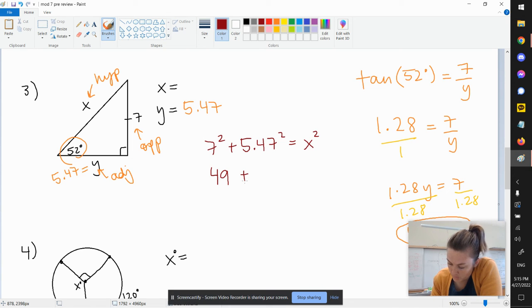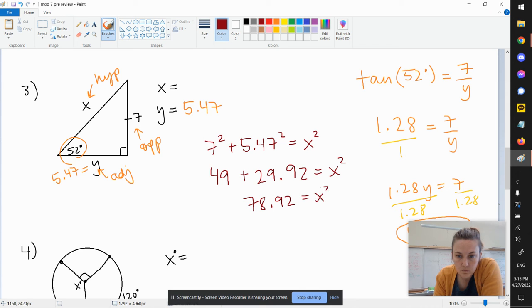Where's the squared button? Boom. is 29.92. I'm going to add those together. 78.92. And then I will square root both sides to get that my x is like 8 point something, right? 8.88.